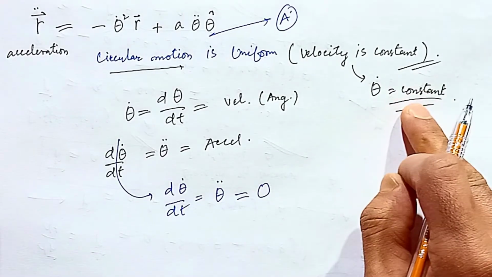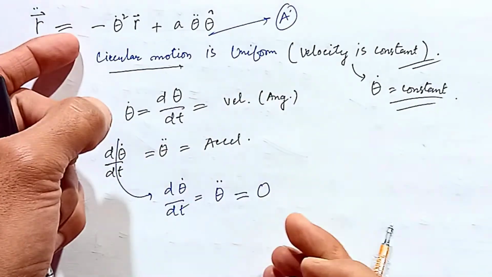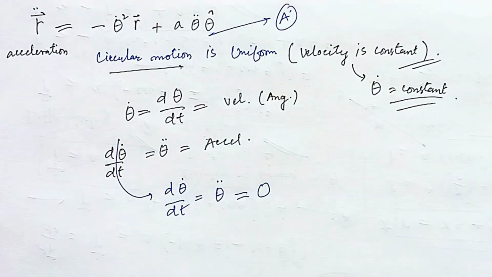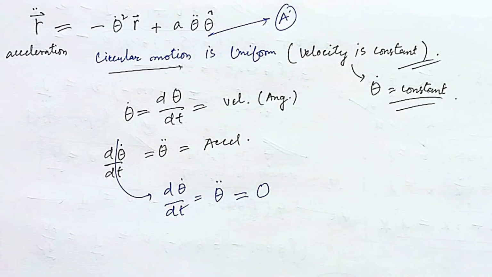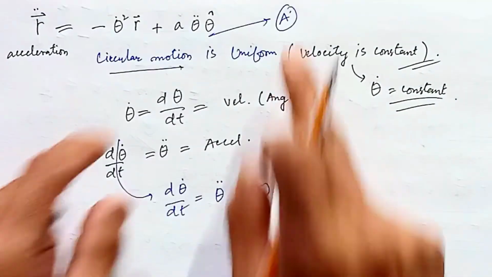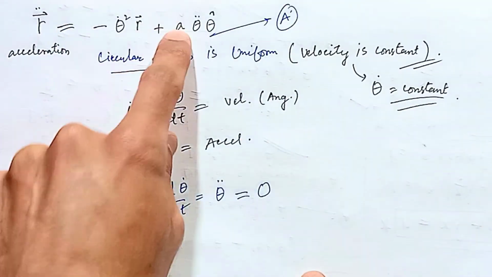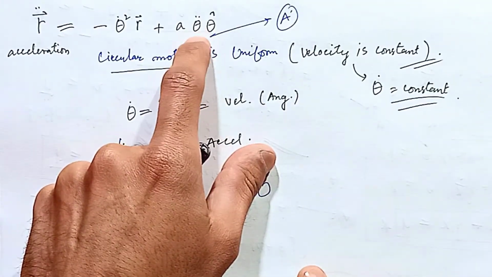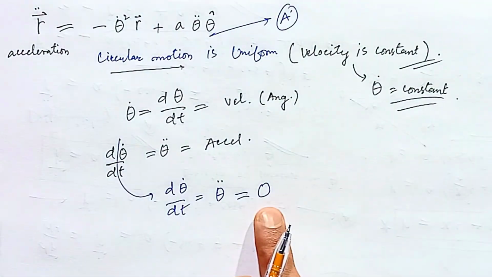Because theta dot is constant, that is, angular velocity is constant, because the particle is moving along the circular path with uniform velocity. So from the first equation, this term will vanish because theta double dot is 0.